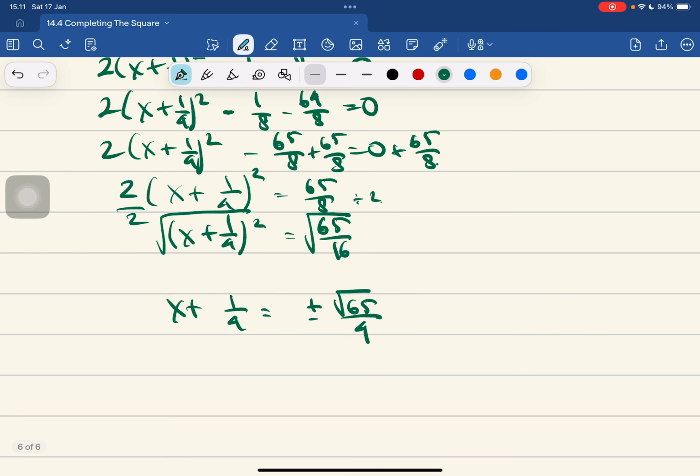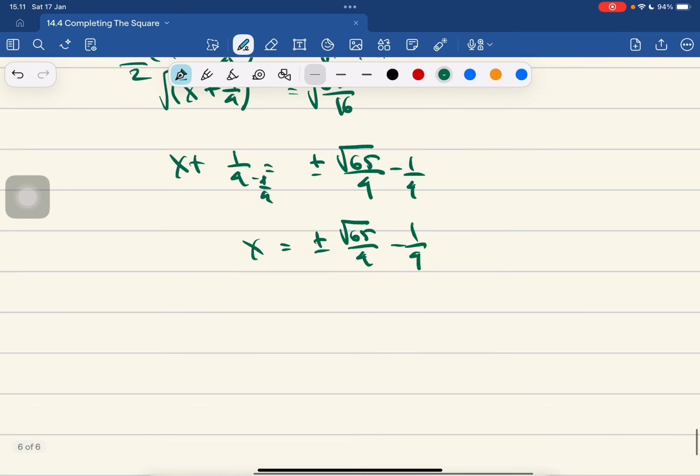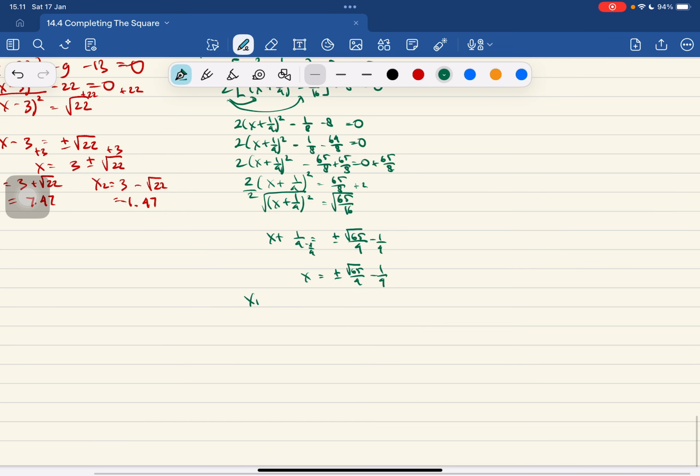Okay, so since this is plus, we will minus 1 over 4 on both sides to make it only x. So x is going to be plus minus square root of 65 over 4 minus 1 over 4. So the first x we will have uses the plus sign, so square root of 65 over 4 minus 1 over 4.